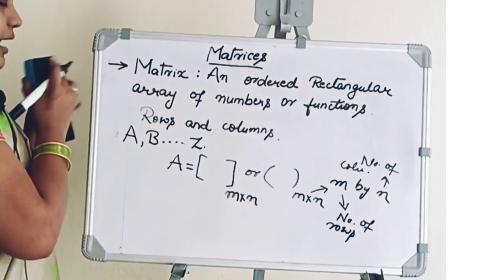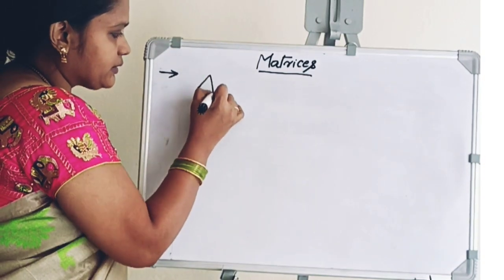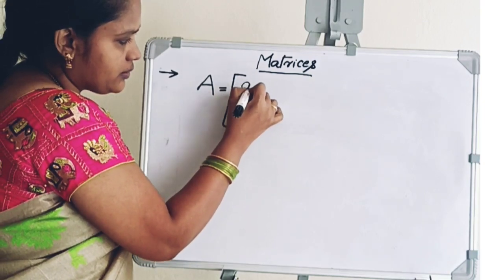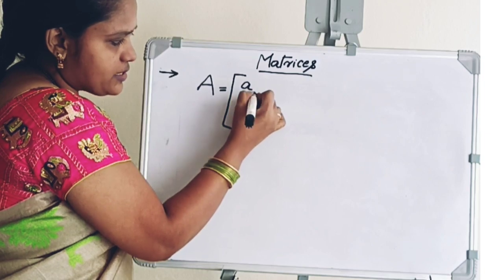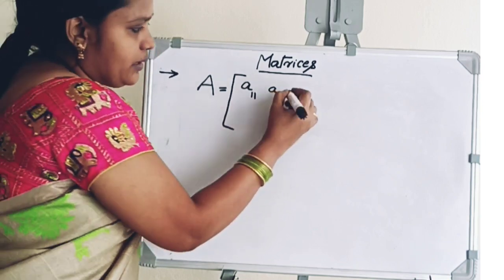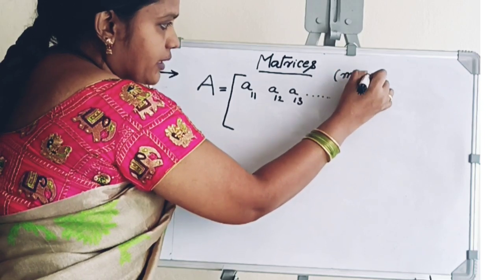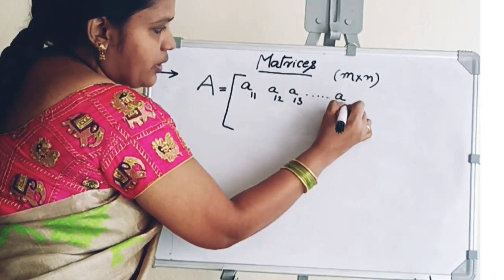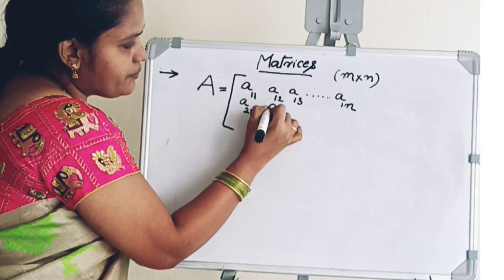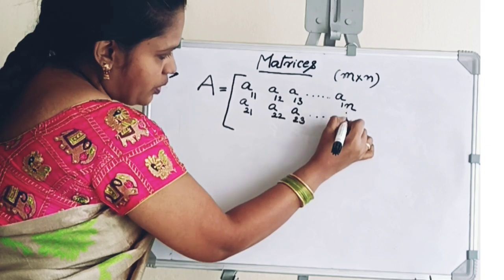Right? Let's try to write the generalized form. Let us consider a matrix A with this is first row, first column element. Similarly, first row, second column element. If we continue, we know it is m cross n, right? So, first row and nth column. Similarly, second row, first column, second row, second column, second row, third column, so on.